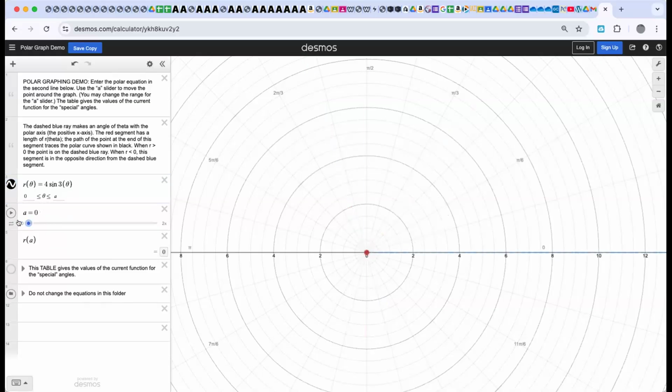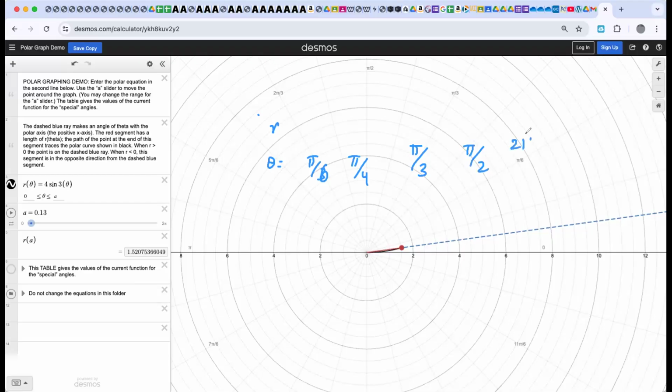Now I'm going to change it to 4 cos 3 theta. So let's see what happens. If I put a table with 4 cos 3 theta, it's going to take time. That's why nobody discusses that. R, theta, right? Now, theta can be pi by 6, pi by 4, pi by 3, pi by 2, 2 pi by 3, 5 pi by 6, pi.